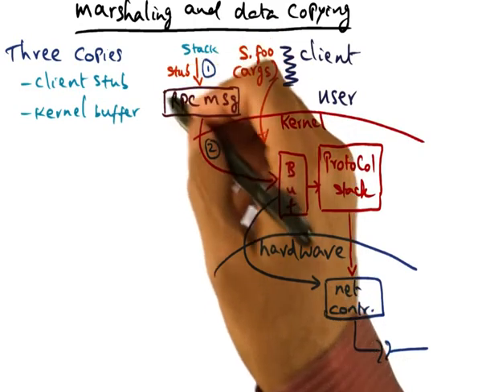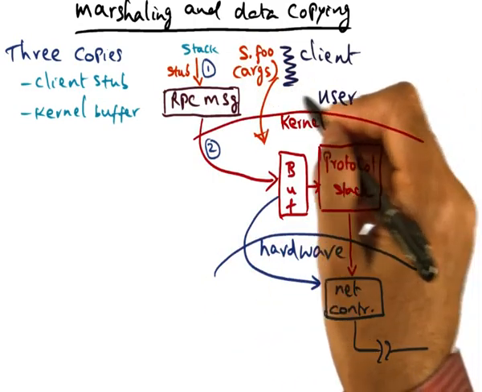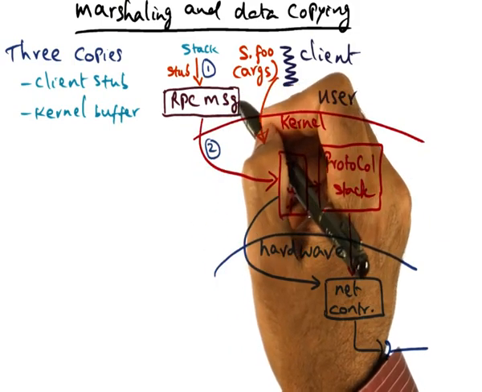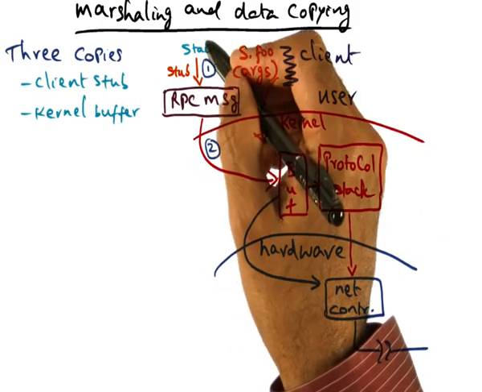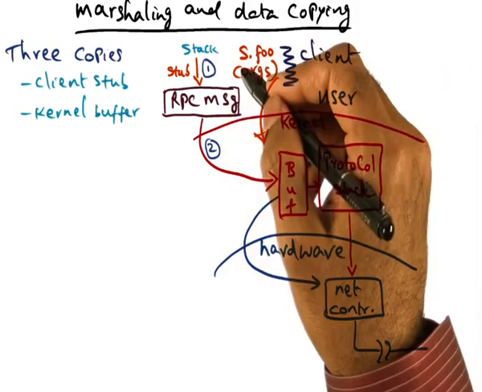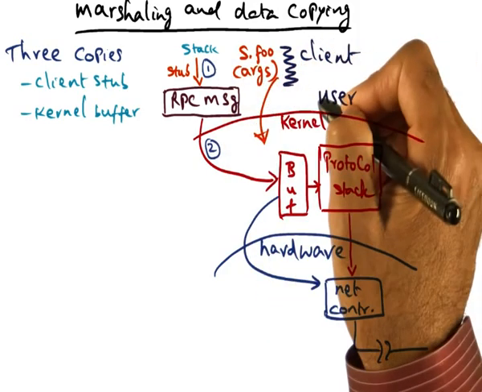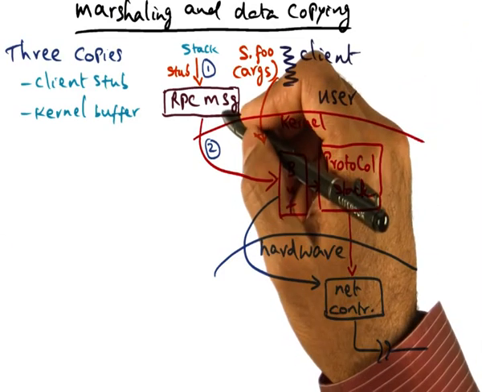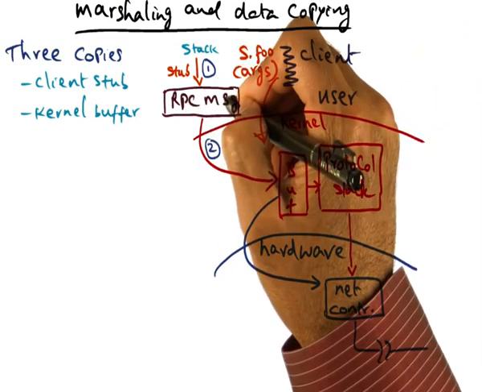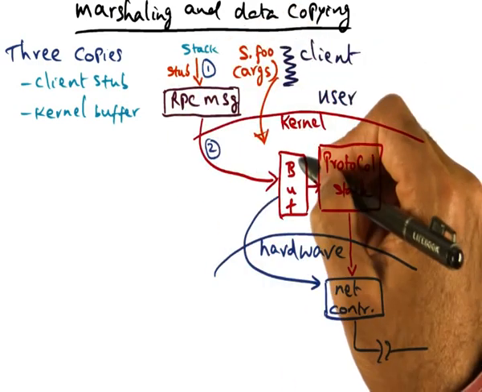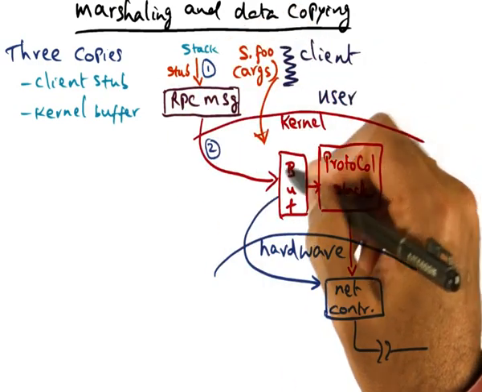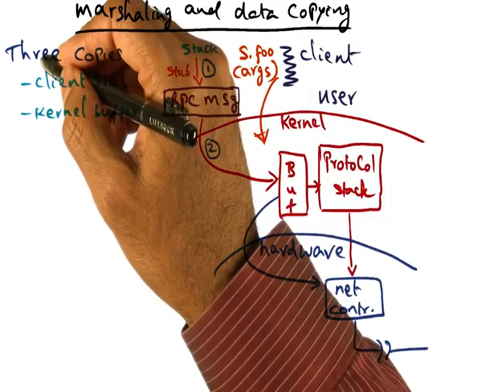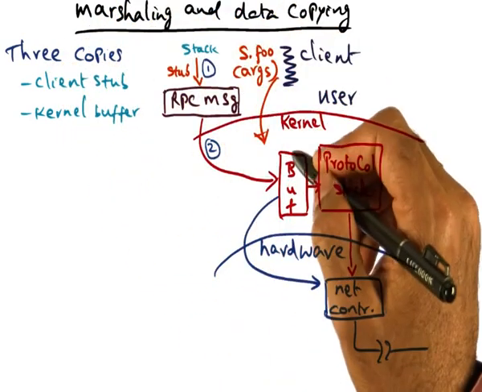Now remember that the client is a user program, so it is living in the user space outside the kernel, and so this RPC message created by the stub is part of the client's address space outside the kernel. So the kernel has to make a copy of the RPC message from the user space into its own buffer, the kernel buffer. And that's the second source of overhead, the second source of copy in doing the marshalling of the arguments.